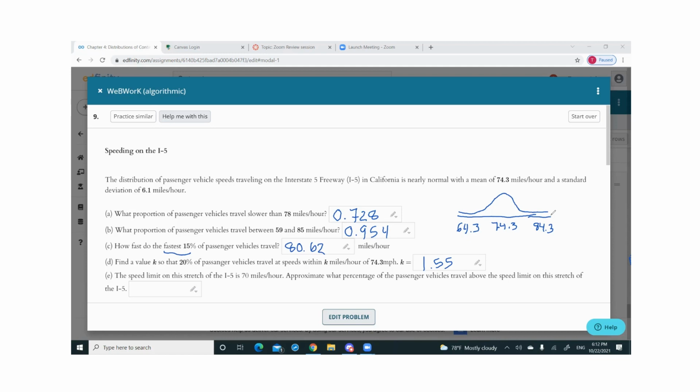Approximate what percentage of the passenger vehicles travel above the speed limit on this stretch of the I-5? So it says the speed limit is 70 miles per hour. So let's draw a line where 70 miles per hour would be, like a road here. And we are looking for above the speed limit, so we're looking for all of these up here.